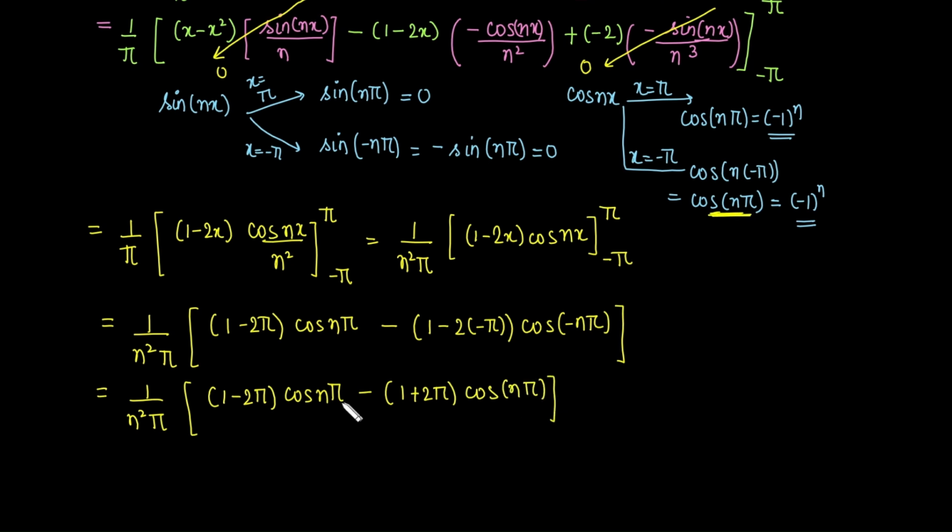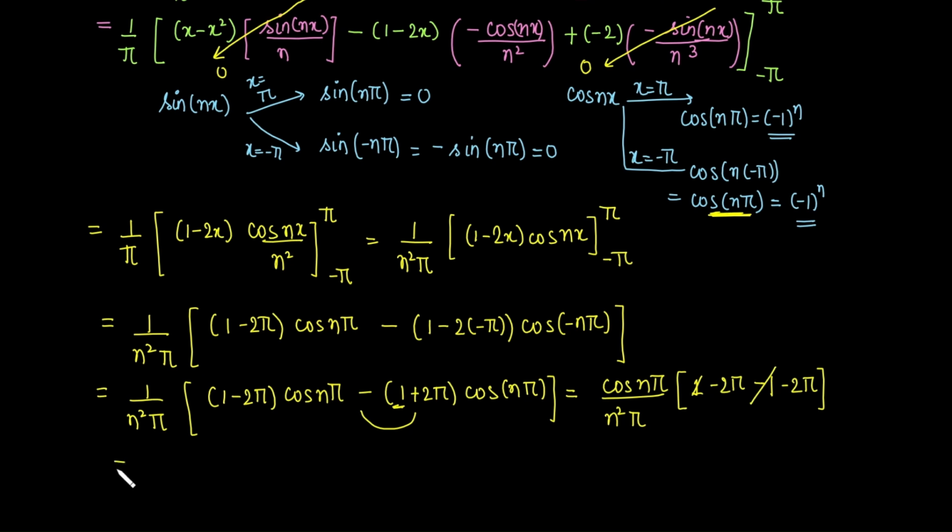So we have common term cos n pi, take this outside, cos of n pi divided by n square pi, the remaining term as 1 minus 2 pi minus 1, minus plus is minus 2 pi. Minus 1 and 1 will get cancelled.